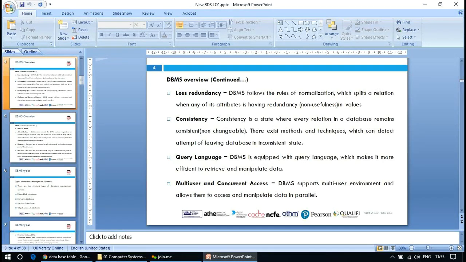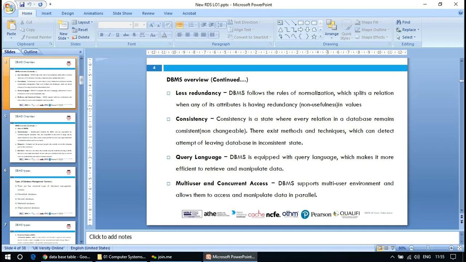The address information only needs to be stored in association with the student details, but if you are storing the address with the subject selected by the student, then it would be redundant data, non-useful, irrelevant data in the table.